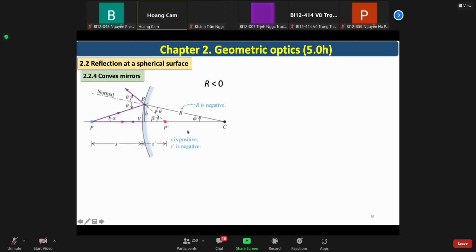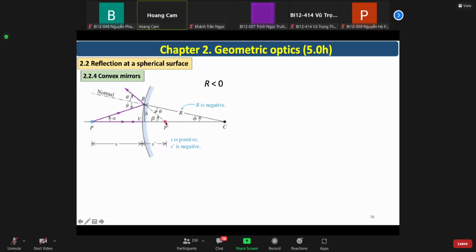And also the incident ray here creates with the optic axis an angle alpha, and beta is the angle between the optic axis and the reflected rays we consider.